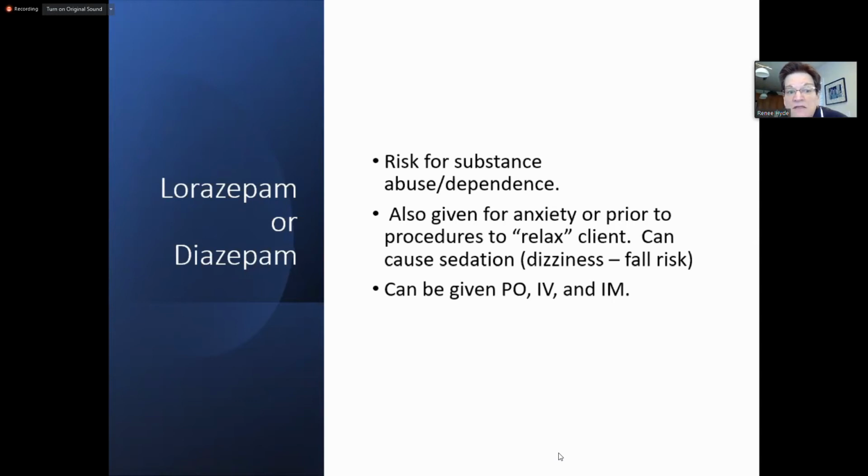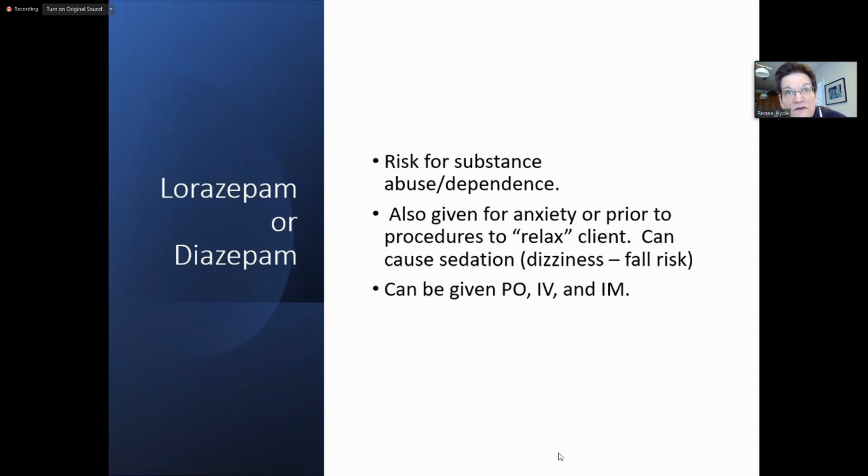Benzos like lorazepam or diazepam can be given PO, IV, or IM. Typically, we use IV if we are giving this medicine to stop that seizure.